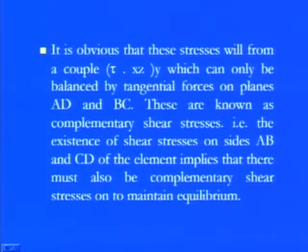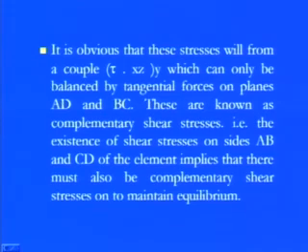So tau into xz is the force exerted on the xz plane, times the distance y, which gives the couple that always tends towards the clockwise direction, and which can only be balanced by tangential forces on the plane, as I told you, on AD and BC, these two parallel sides.